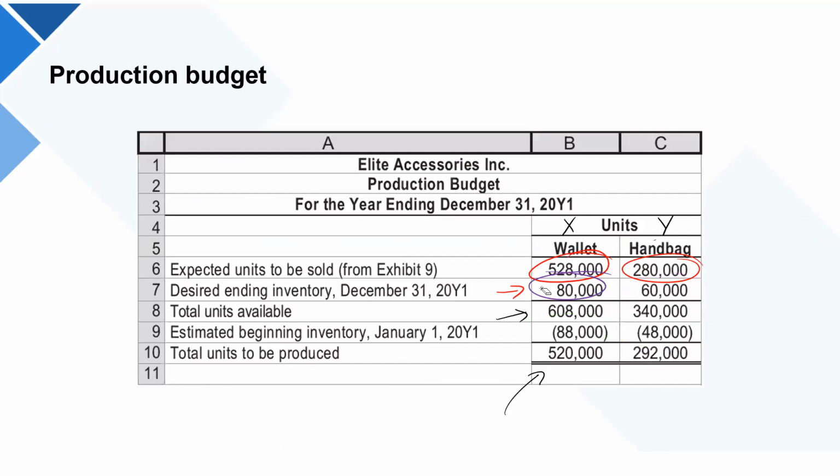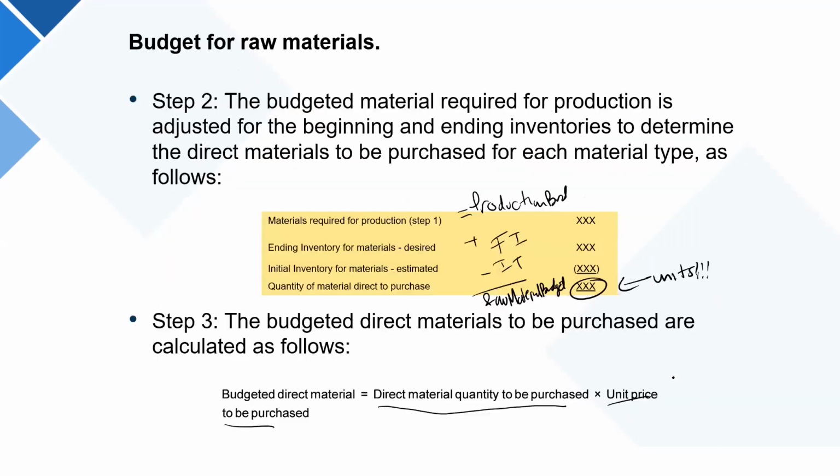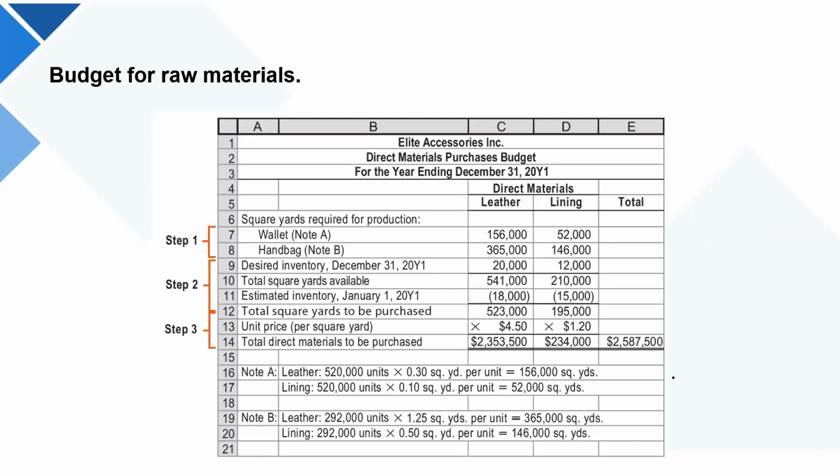I'm gonna erase all of this, and for the wallet product, the production budget is 520, and for handbags I have 292. This is the thing that you already built. That's the production budget you already built. So you take that information and you put it.